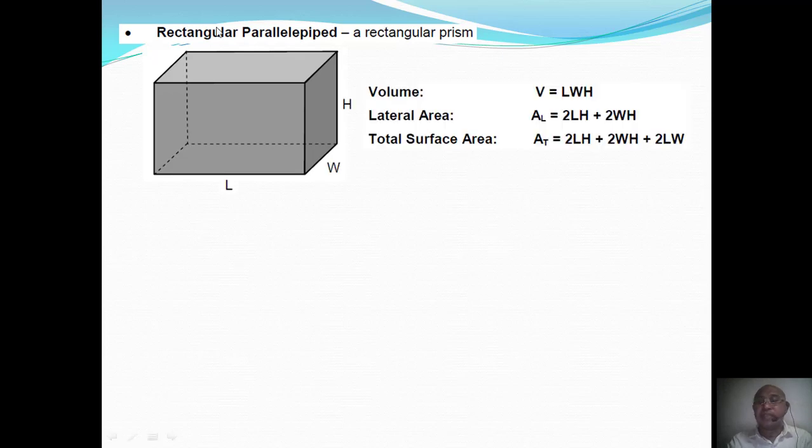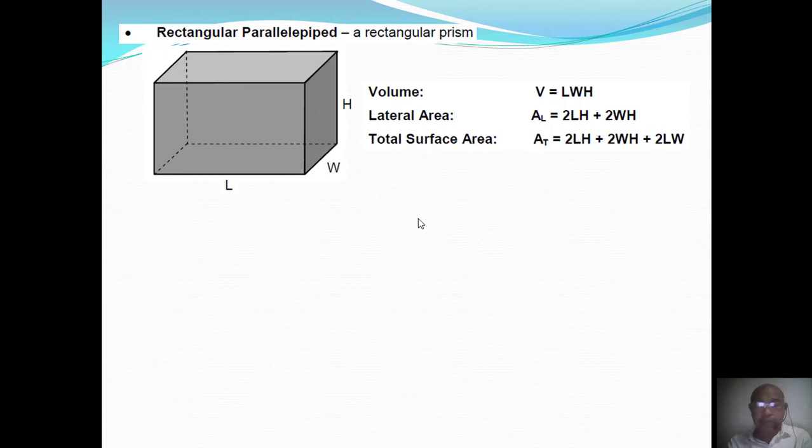The volume is the product length times width times height. The lateral area is twice L times H, the front and back, plus twice W times H at the sides. The total surface area, you add the top and the bottom area, 2 times LW.